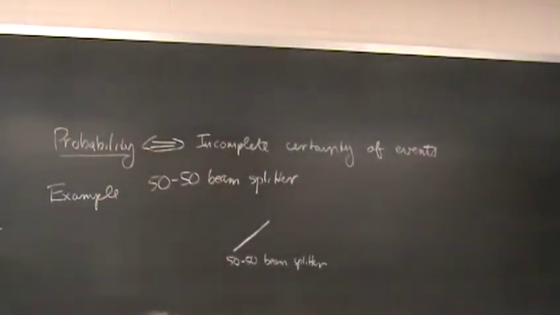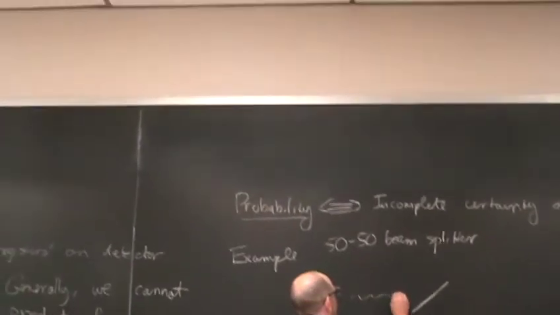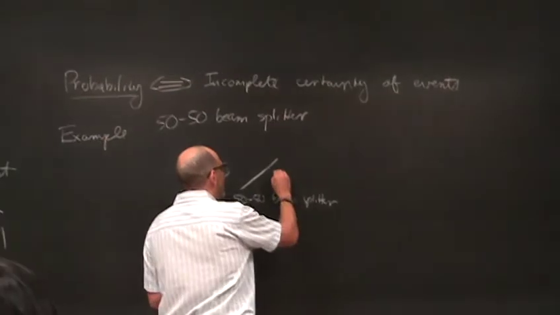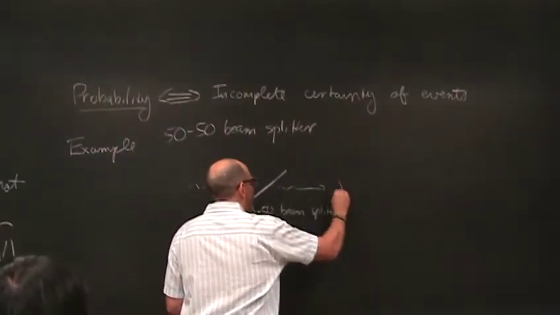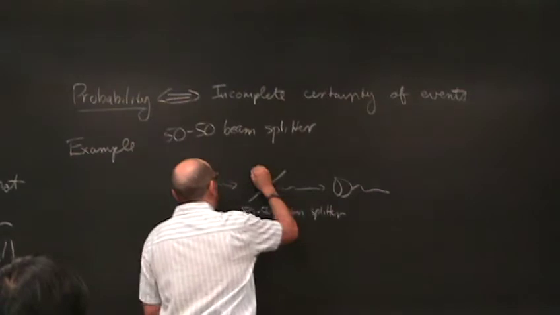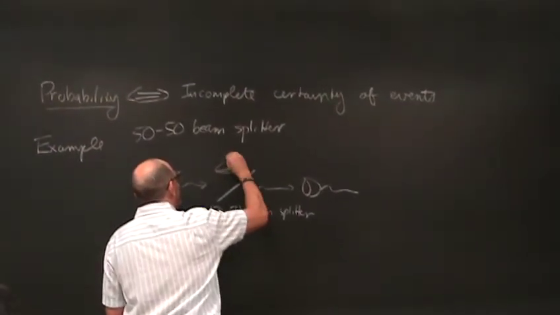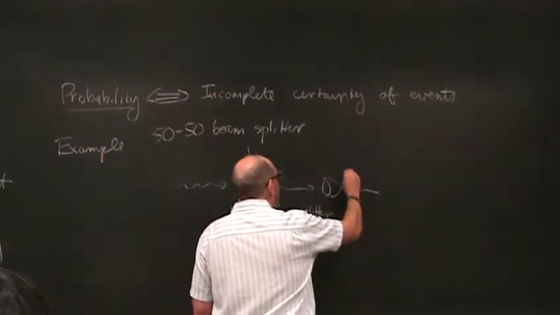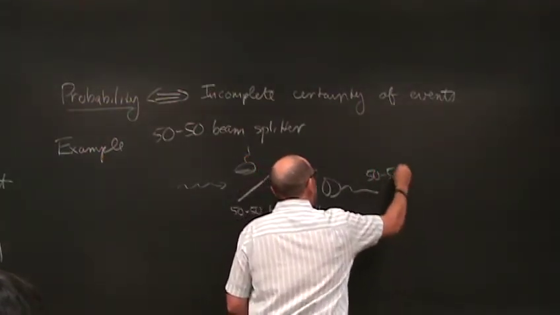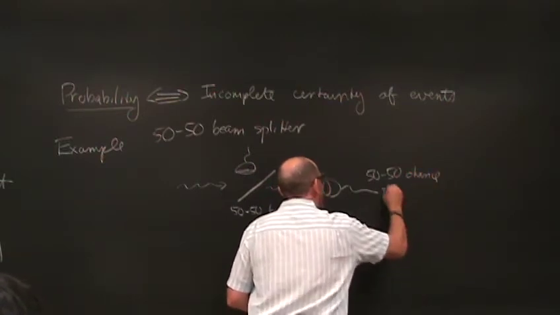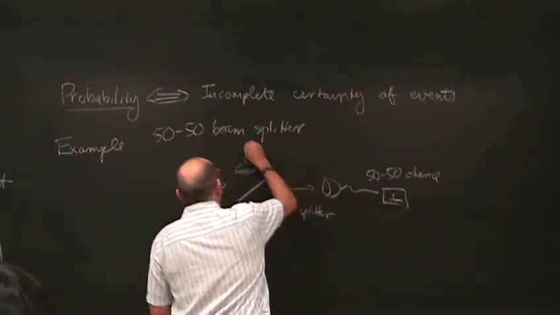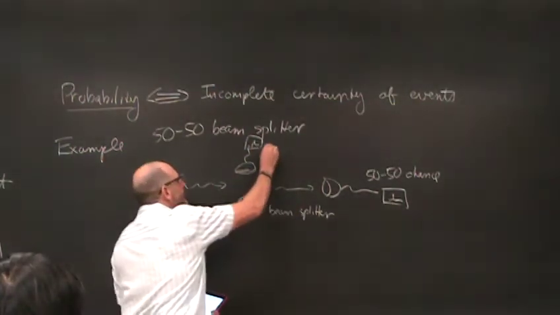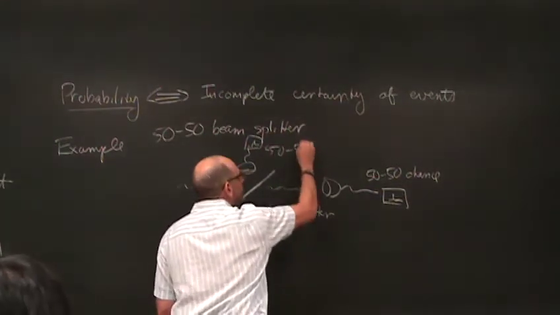And it is such that if I send this photon onto this beam splitter, and I have two detectors on these two sides of the beam splitter, there is a 50-50 chance of this going click or this going click. Okay? That's what we mean by a 50-50 beam splitter.